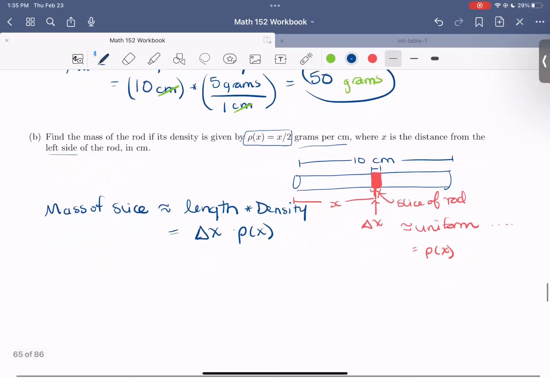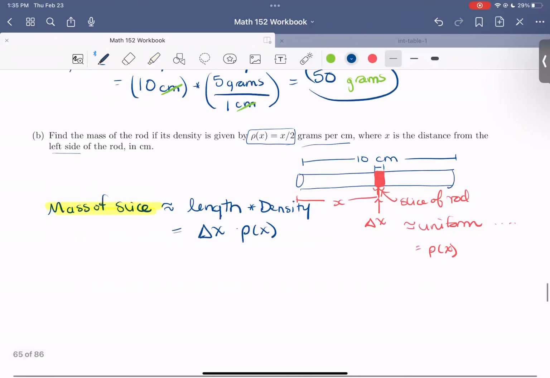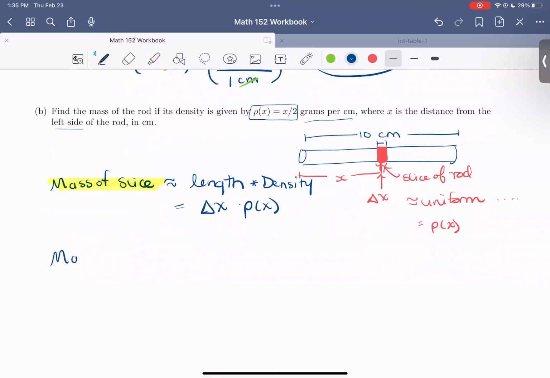Okay, so that is, again, the mass of just the little slice. But we want the mass of the entire rod. Mass of rod. So how do we do that? We need to add up all of these delta x times rho of x. But we need to vary this x from 0, the beginning of our rod, all the way through 10.